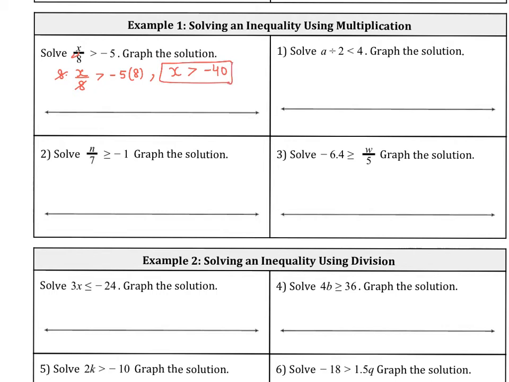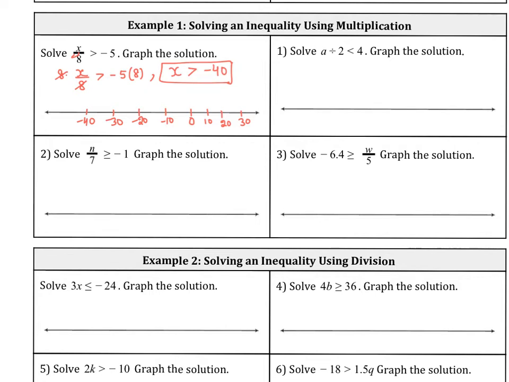And now you're going to graph this on a number line. So I made a number line with the difference of tens because negative 40 is a bigger number. If I go by 1, 2, 3, it's very difficult to show this number on this small number line. X is greater than negative 40.